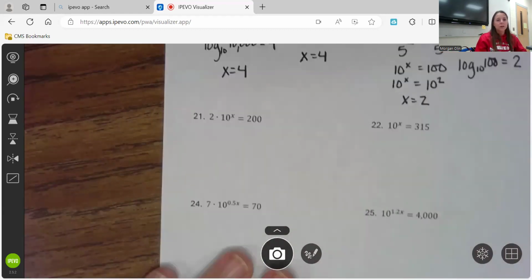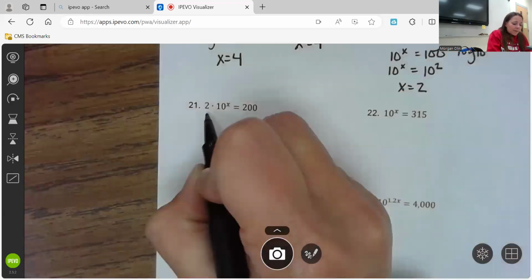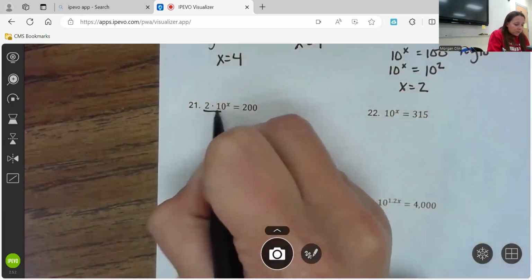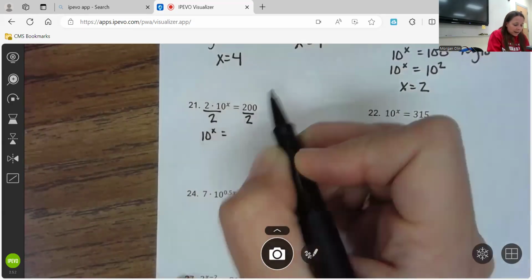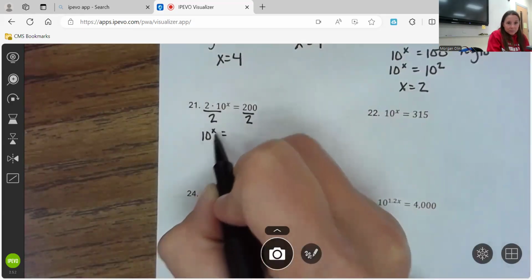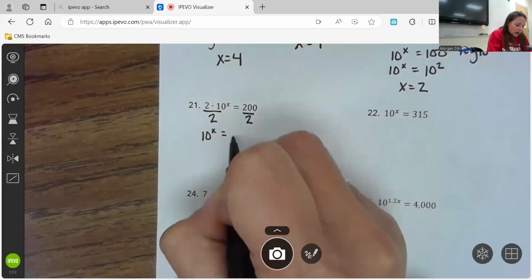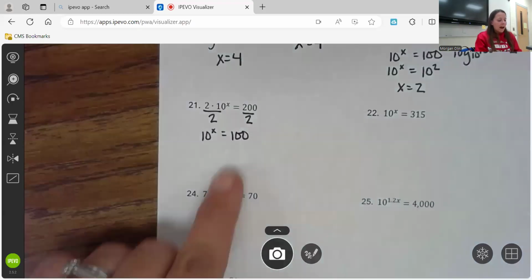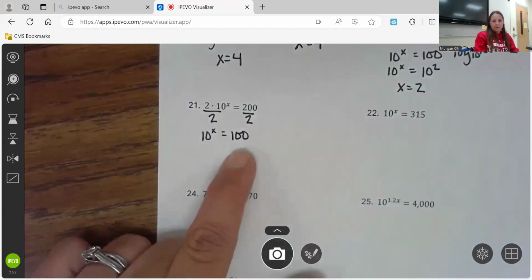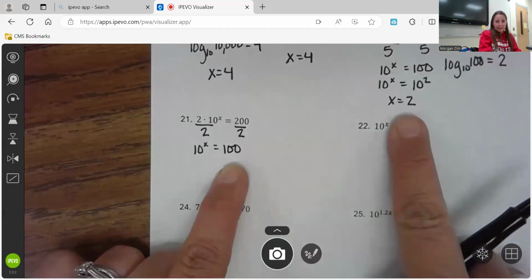So let's look right here. Again, if you have anything multiplied out in front, you've got to divide by it first and get basically the exponential part by itself. The number raised to the exponent equals 100. Now I know I can get that to be the same base of 10 squared, just like I did in number 19 right here.